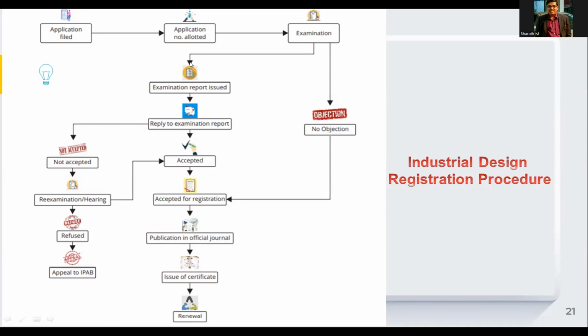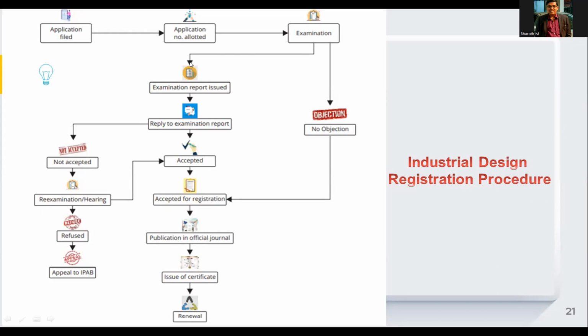So in the case of re-examination or hearing, there is a possibility of acceptance. If it is accepted, then it goes to the next process. What is that next process? Accepted for registration. Even when you give clarification for all the clarification raised by the registry, it also goes to accepted for registration.